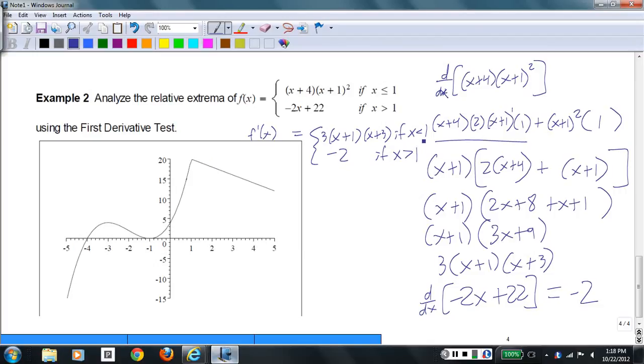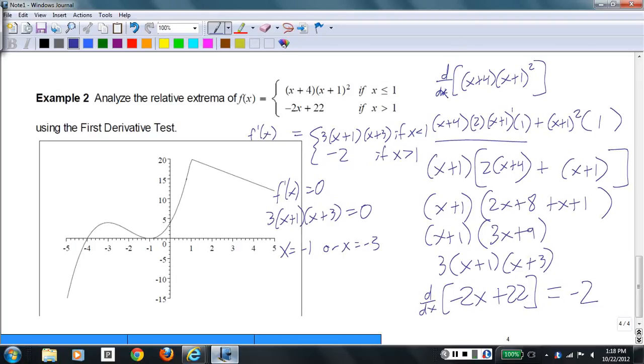But for values less than 1, I'm trying to find where f prime of x equals 0. I would want to figure out where 3 times x plus 1 times x plus 3 is equal to 0. Negative 1 and negative 3. Yes. x equals negative 1 or x equals negative 3. They both qualify as critical numbers.